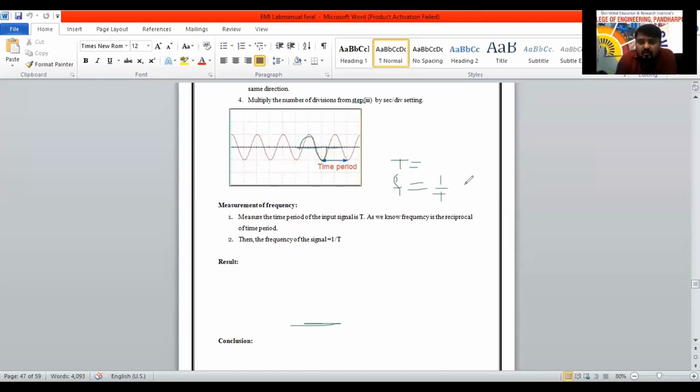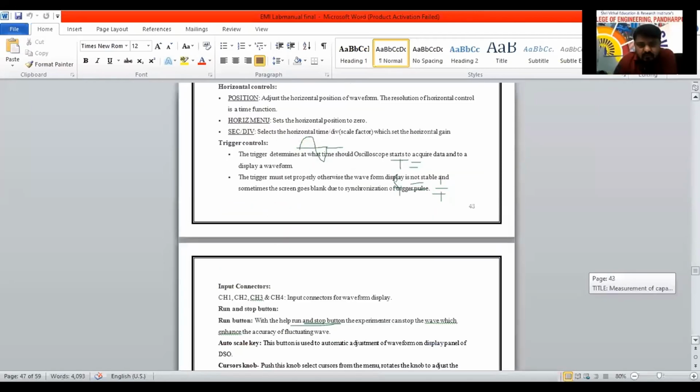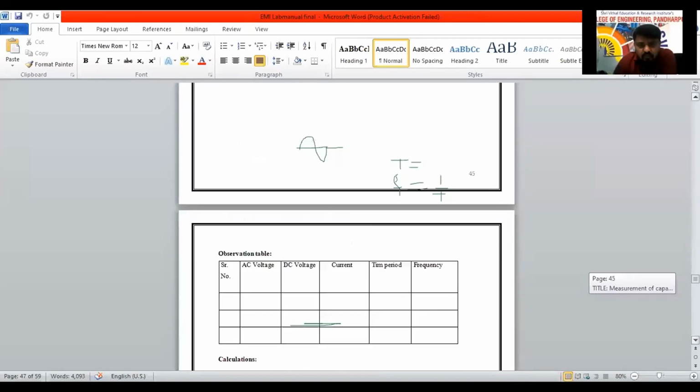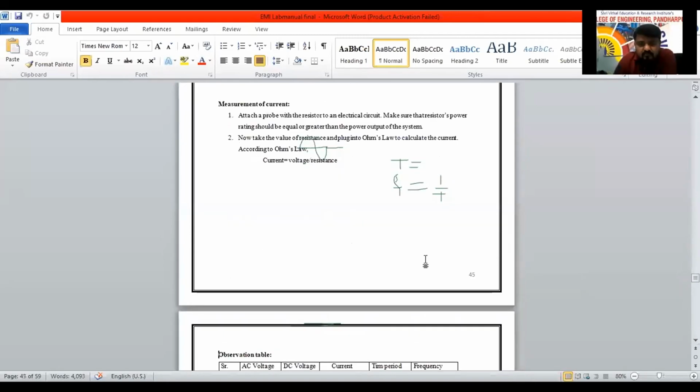So our main aim, because they are joining now. Already in the EDC subject sir has shown the DSO. DSO देखा है ना already? Digital storage oscilloscope. Yes, sir.